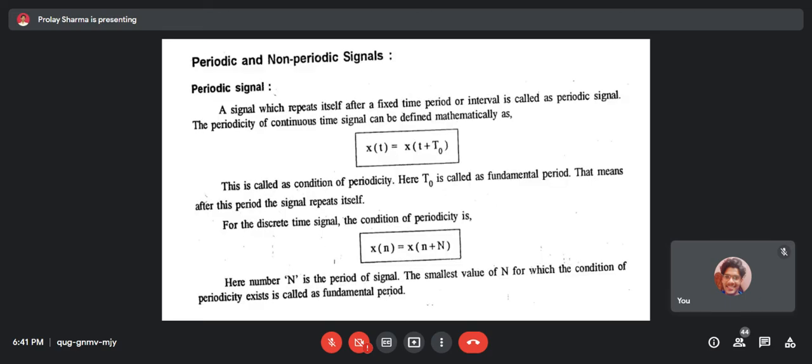So now, periodic and non-periodic signals. I think you know periodic signals from the previous class.